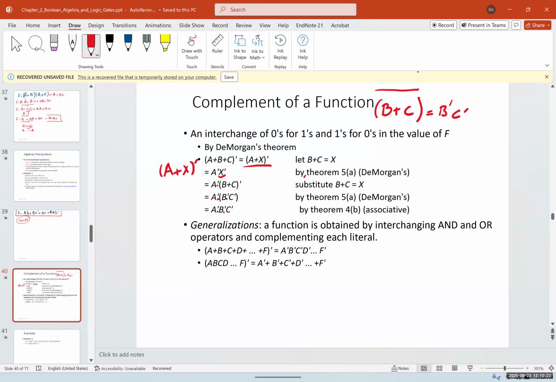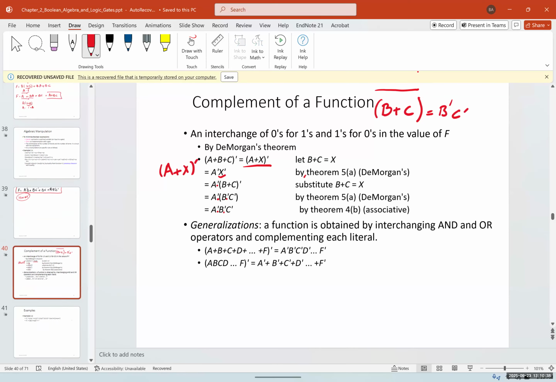And the opposite is also true. So we interchange the ANDs with the ORs when we have the complement, and we complement each of the literals. So (a and b and c and d and f) prime is going to be a prime plus b prime plus c prime plus d prime, and so on.